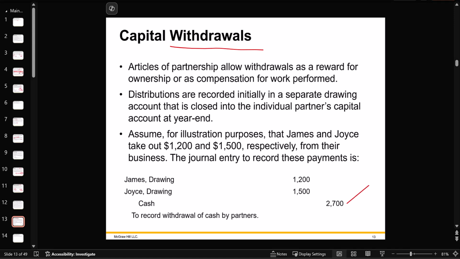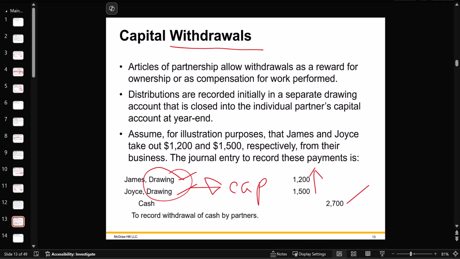And to reduce the partner's ownership interests, you don't directly debit the capital account that we've been crediting for contributions, but here we have drawing accounts for each partner being increased with debits. Eventually, these drawing accounts will be closed out, zeroed out into the partner's individual capital accounts, really reducing the capital accounts.